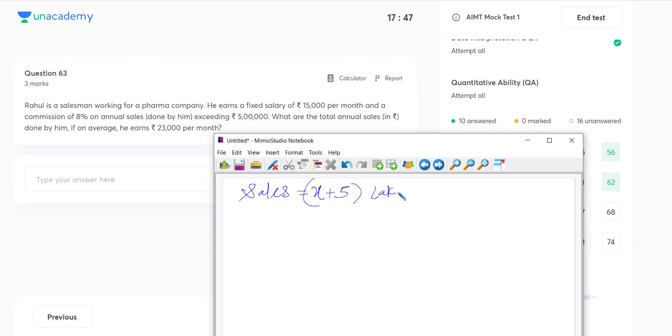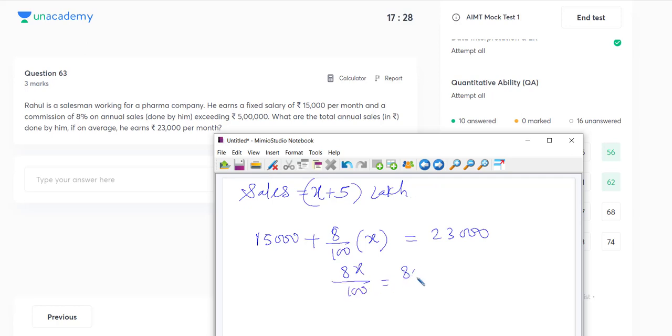So now his salary is going to be 15,000 plus 8% of the sales above 5 lakh, that is 8% of X, that is equal to 23,000. So 8x by 100 is going to be 8,000.